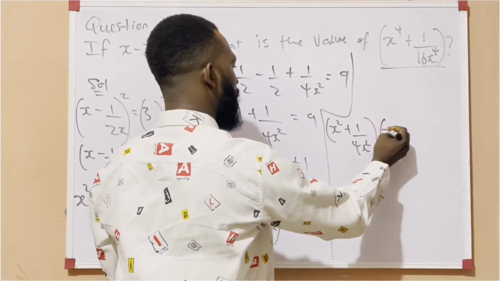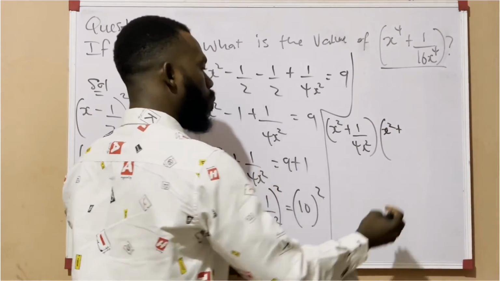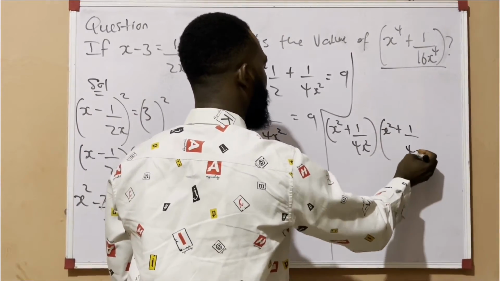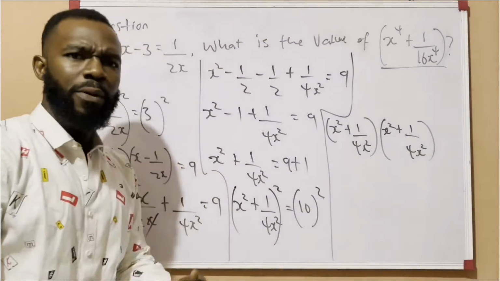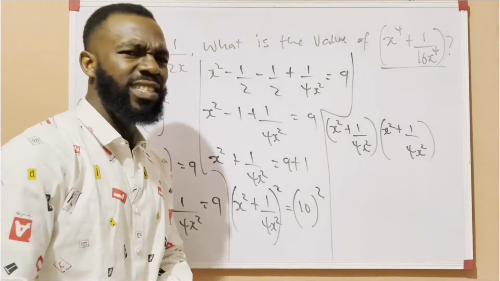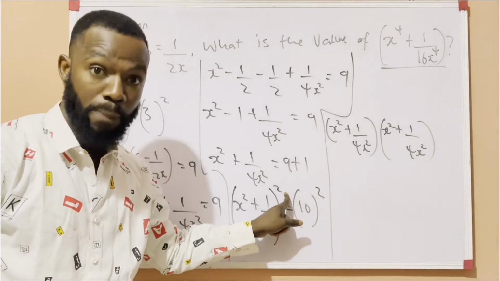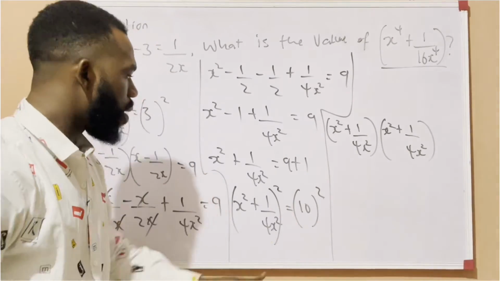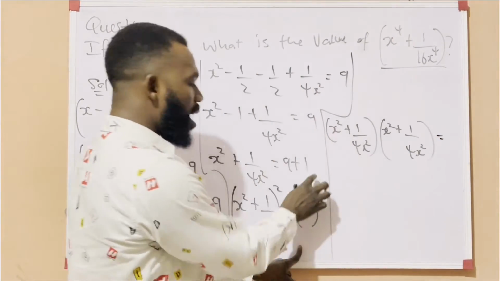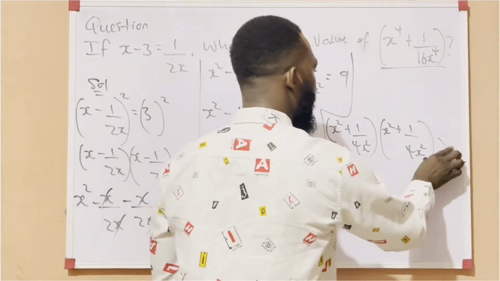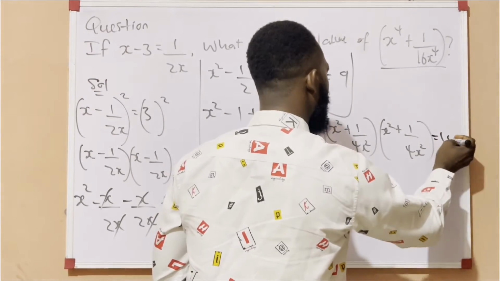Again, x squared plus 1 over 4x squared. Why is it appearing 2 times? Because of the power that x squared plus 1 over 4x squared is carrying, power 2. Are you with me? Now, equal to. Now, 10 raised to the power 2 simply means 10 times 10. And what is 10 times 10?